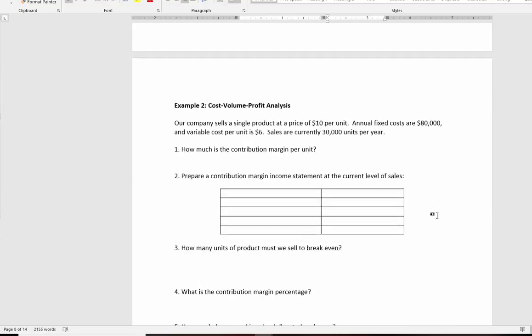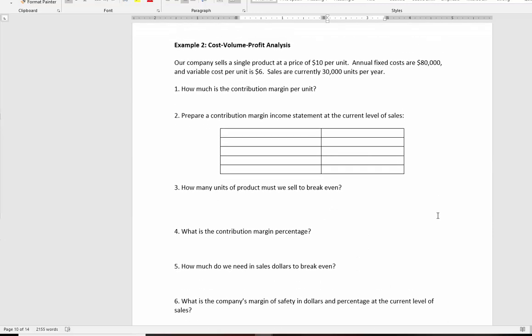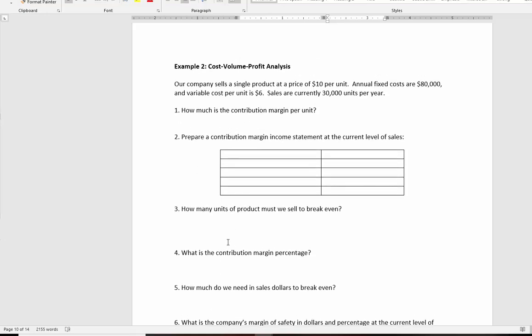Okay? All right, so next up we're going to skip down 2 pages to example 2. Okay, so find example 2, and this is going to give us a little more practice. We want to make sure that we really know what we're doing with contribution margin. We're going to use it a lot. So again, please pause the video, take a few minutes, and do numbers 1 through 5.